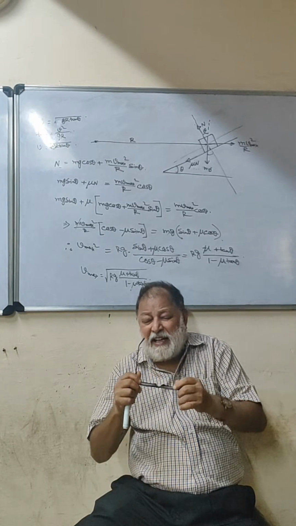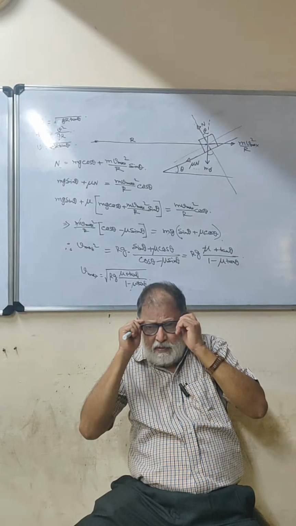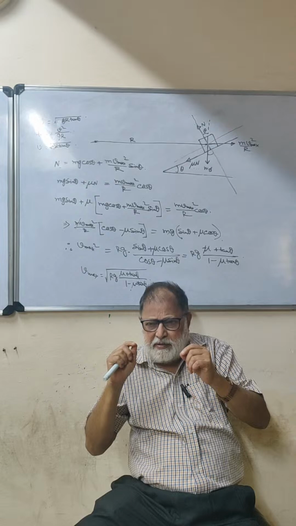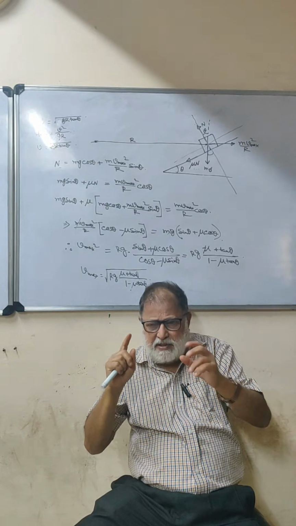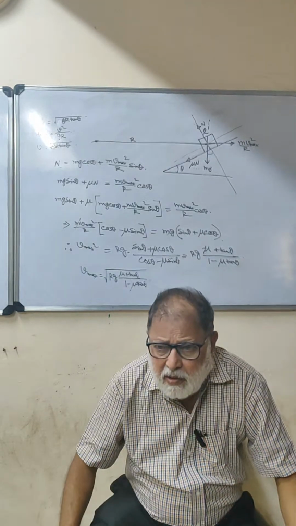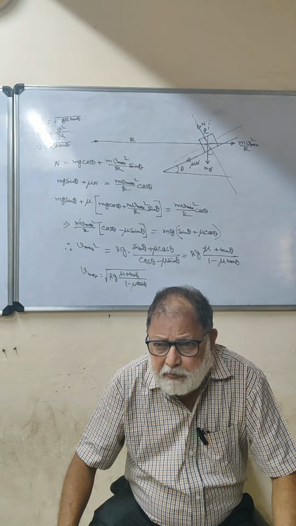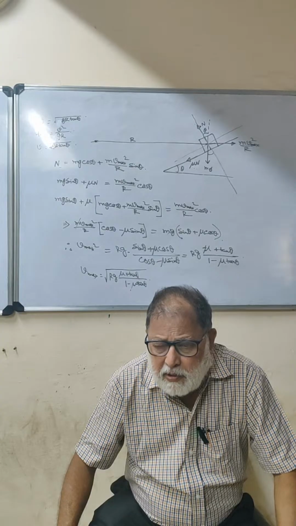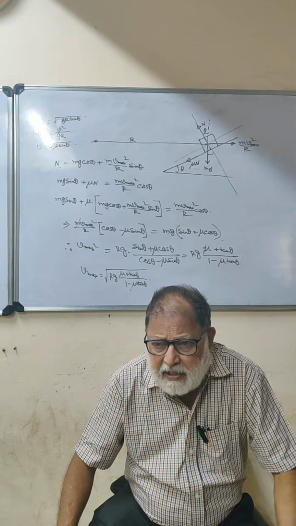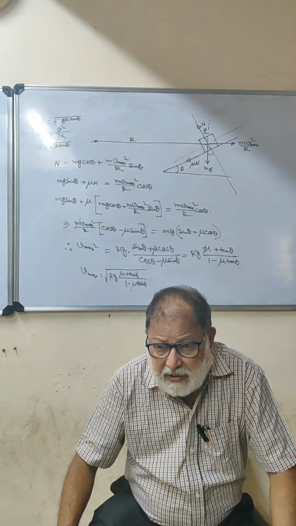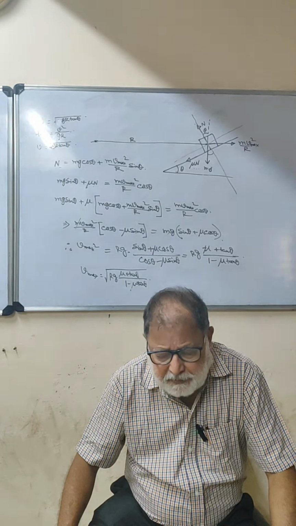When a person is standing on the equator, he is experiencing mg real force. What is the direction of mg? On the equator, in which direction does mg act? Vertically downwards, right?